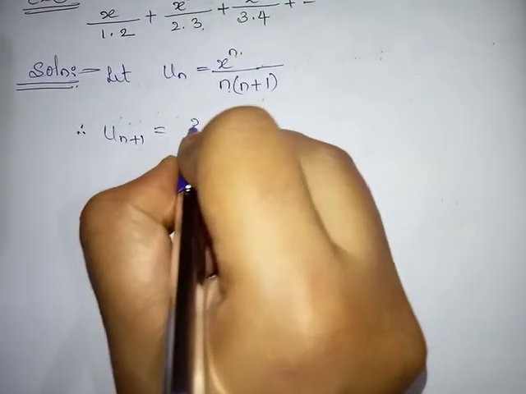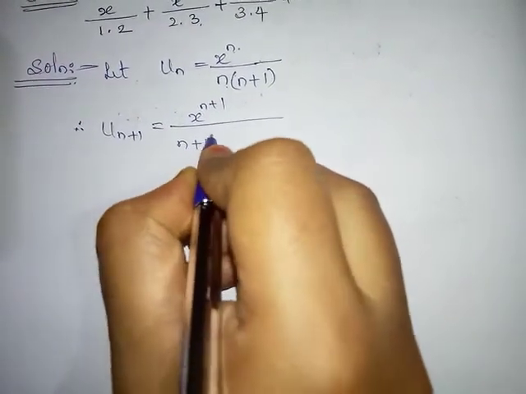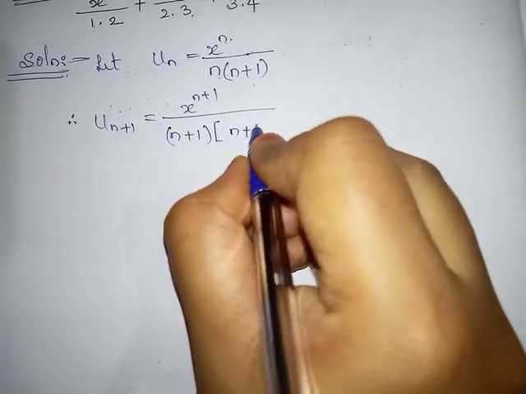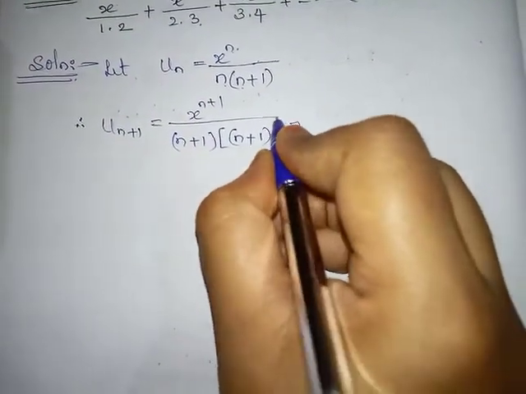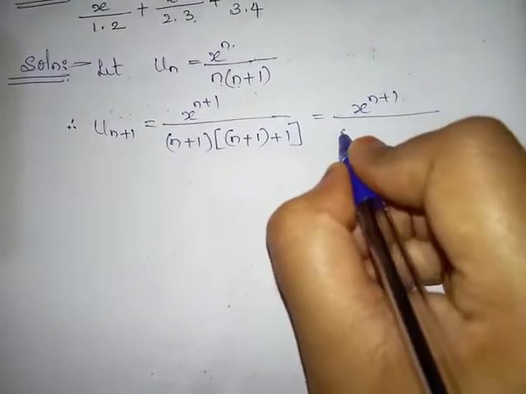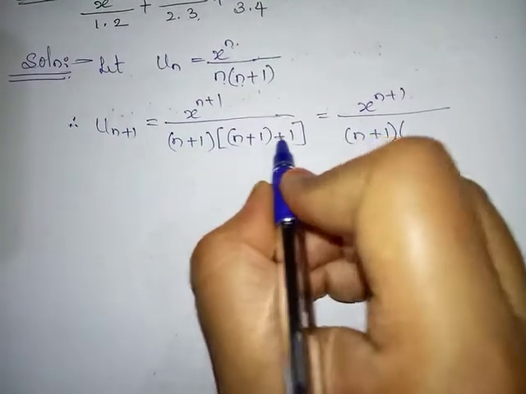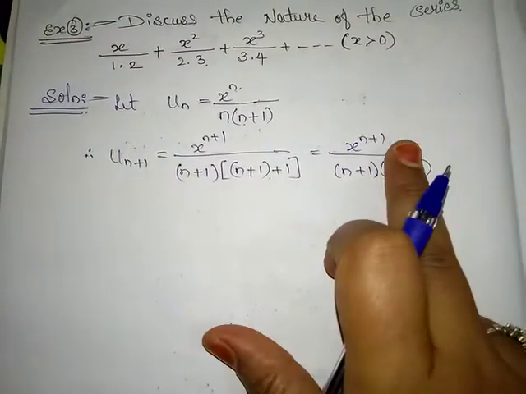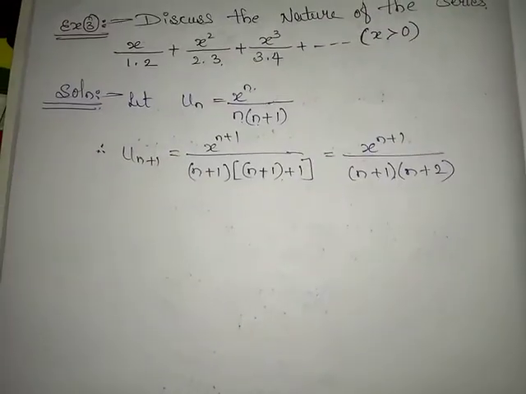It is x raised to n plus 1 divided by n plus 1 into, in place of n we have to take n plus 1, this is n plus 1 plus 1, which is equal to x raised to n plus 1 divided by n plus 1 into, solve this one, n plus 1 plus 1 is n plus 2. The un plus 1 term is x raised to n plus 1 divided by n plus 1 into n plus 2, and the un term is x raised to n divided by n into n plus 1.